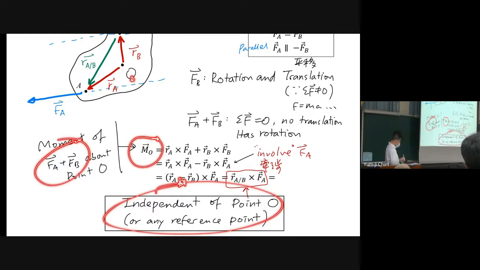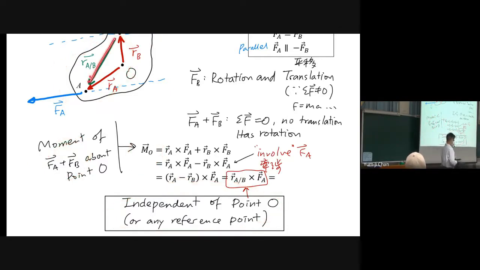Point O can be here, point D here, point E here, point F here. You will get the same result because the moment arm in this problem is going only from B to A.